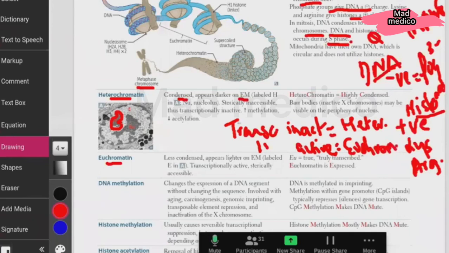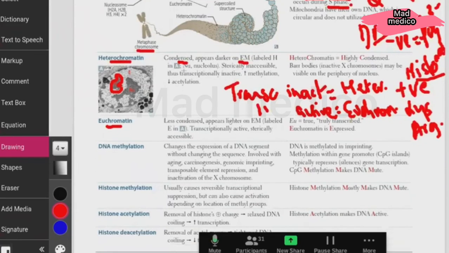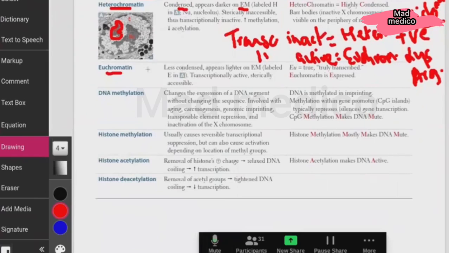For a DNA to be transcriptionally inactive, one thing has to go up, another thing has to go down. Always remember this: when a portion of the DNA is methylated, it is inactive. When something is acetylated, it is active.